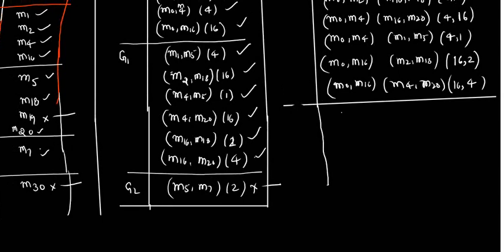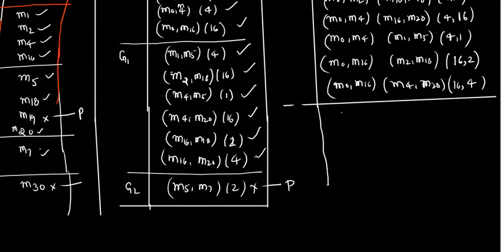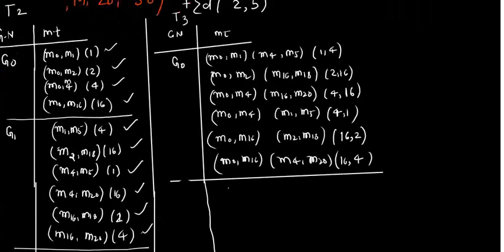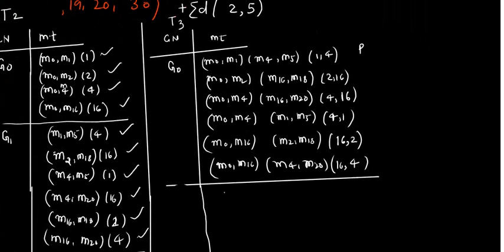So this will become your one implicant. P1, P2, P3, right? And next, P4, P5, P6, P7, P8, P9. Okay?